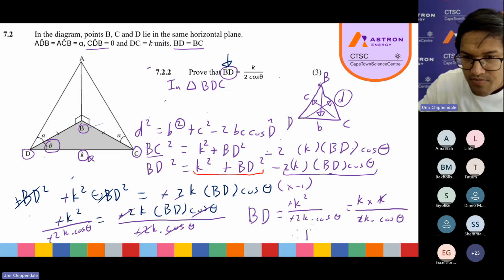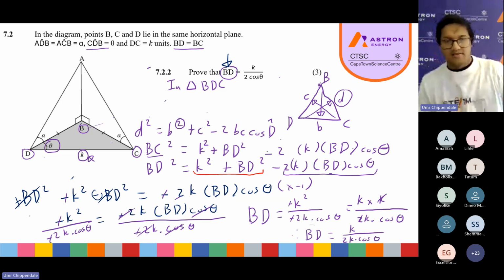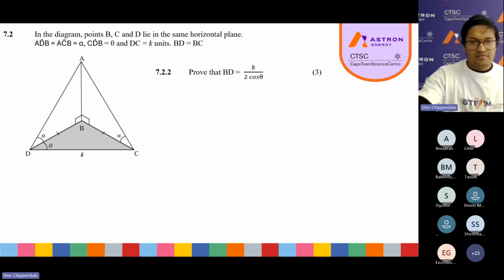Therefore, you can say BD is equal to k over 2 cos theta. There we go, and that's our answer. So that was 7.2.2. Now, let's go look at 7.2.3.